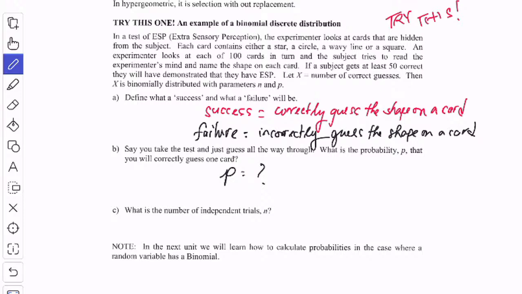Omar is saying 0.01. That's not right. Well, think about it in terms of possible outcomes. And that will help you.